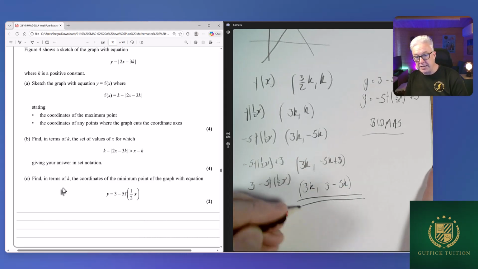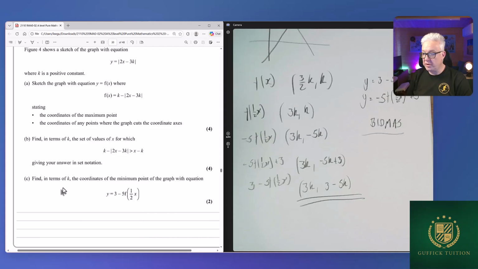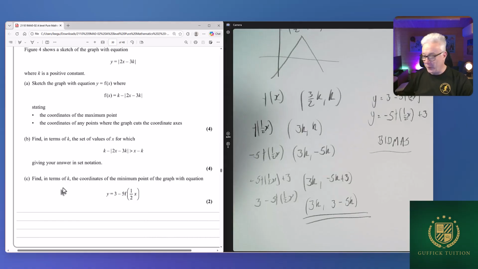So that is the final transformation of where it ends up after all of those transformations. I know it's very long-winded. That's a long-winded, tricky question.